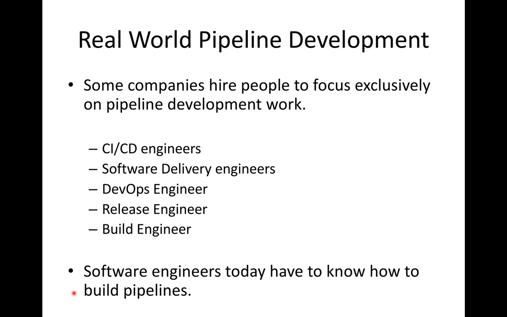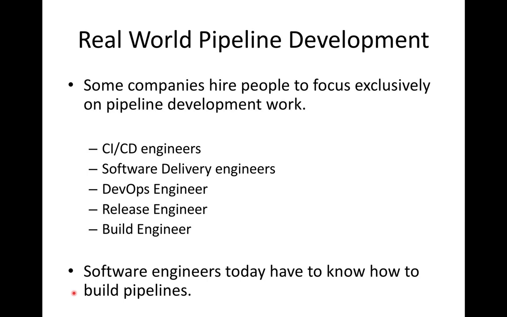Now, when we're developing pipelines in the real world, what you'll find oftentimes is that companies today are hiring people to focus exclusively on the development work, developing pipeline code and working with systems like Jenkins or other CI/CD systems.